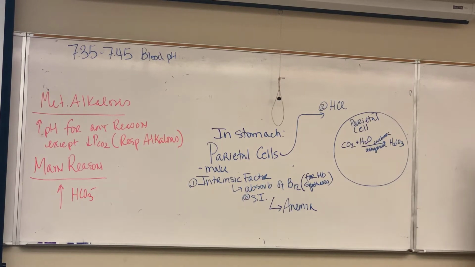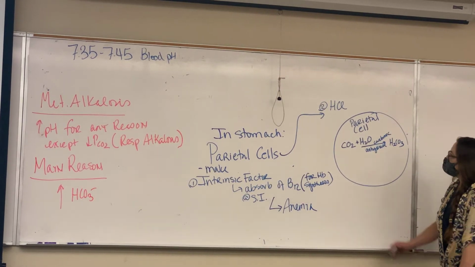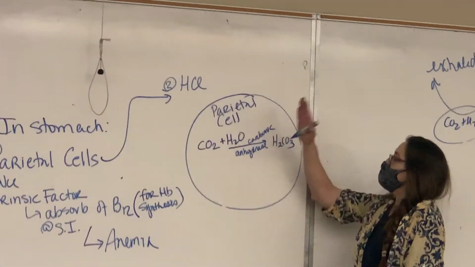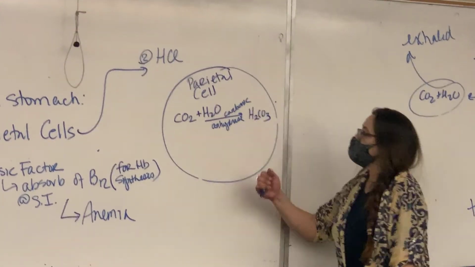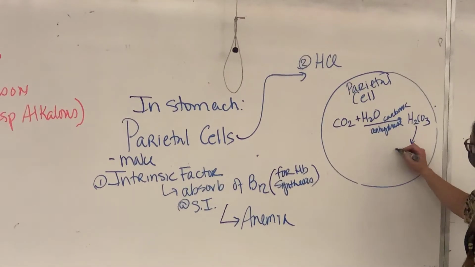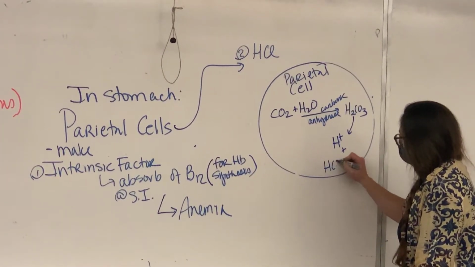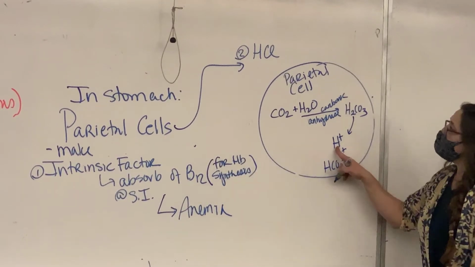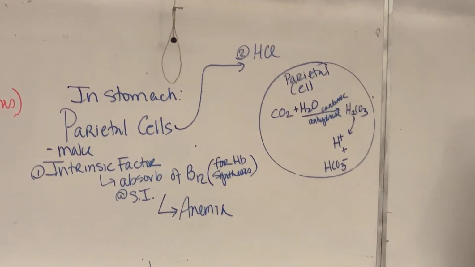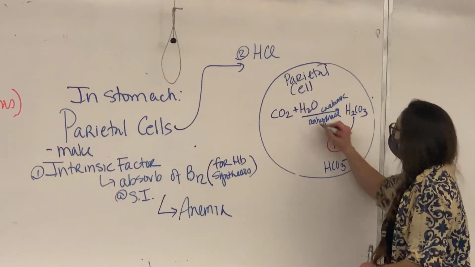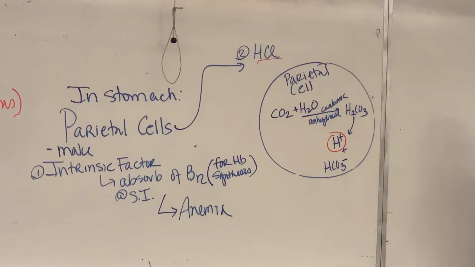Now, you know carbonic acid is very unstable, so if we're producing a lot of CO2 in water, that is going to drive the reaction to the right, so the carbonic acid is going to break down into hydrogen ion and bicarbonate ion. There's the hydrogen of the HCl that it makes.